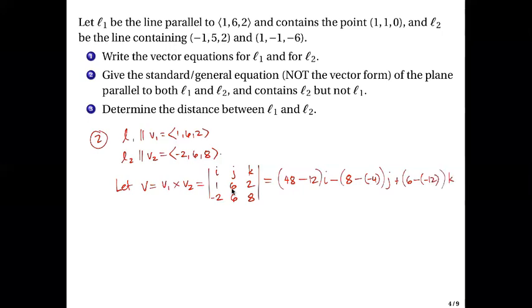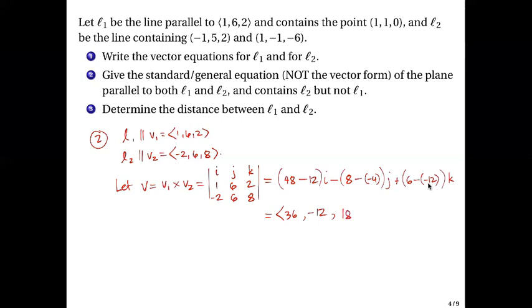If we simplify this and write this in vector form using the angle brackets, we have 48 minus 12, that's 36, comma, 8 minus negative 4, that's 12, and we have a negative here, so we have minus 12, comma, 6 minus negative 12, that's 18.